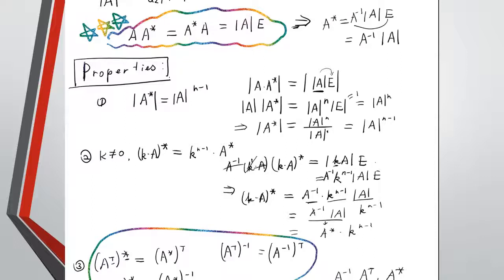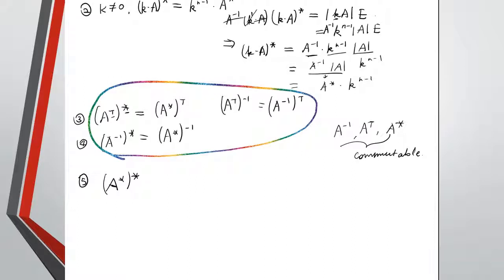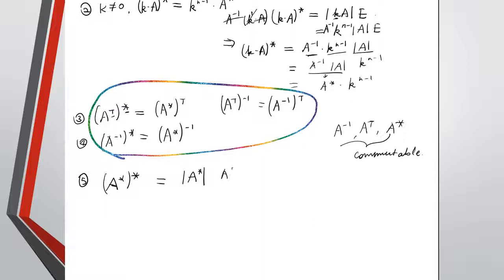So from this one we can see that A's adjoint equals A's inverse times A's determinant. So we can take the A star as a whole as the A in that definition. So in this case, we can have it as A star's determinant times A star's inverse.